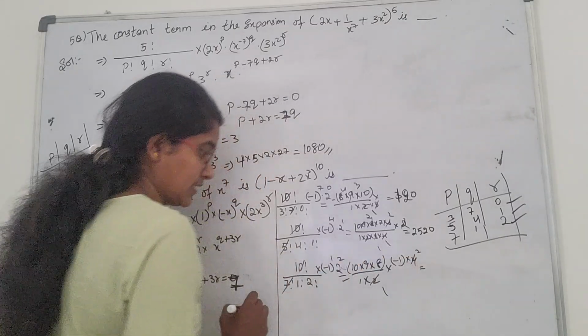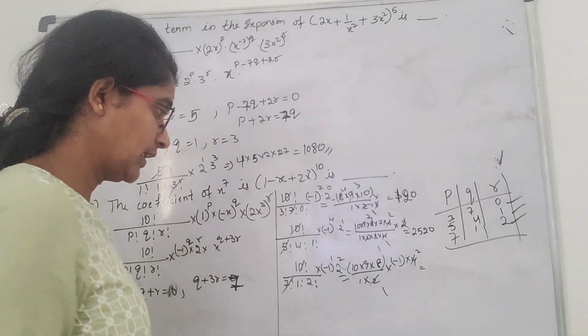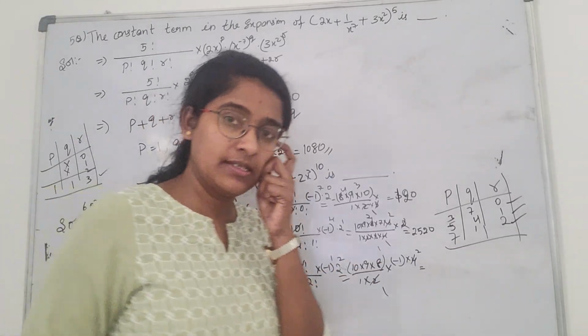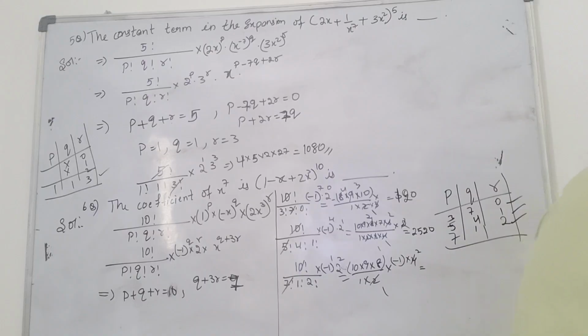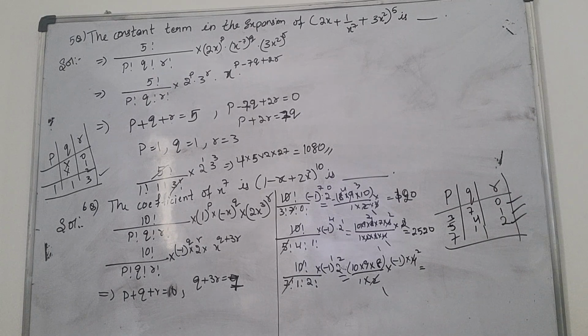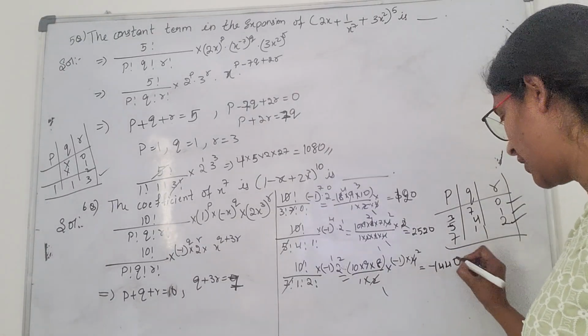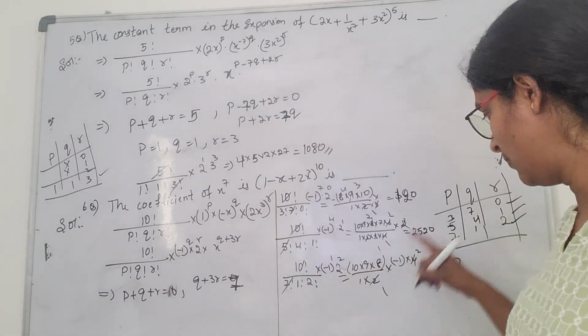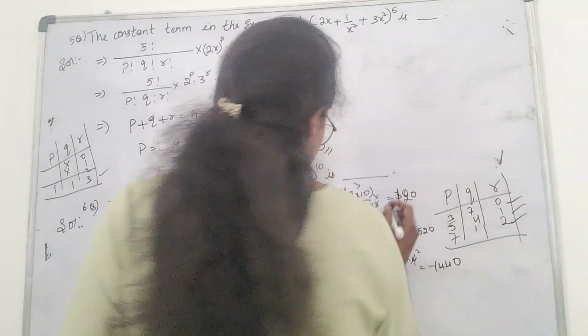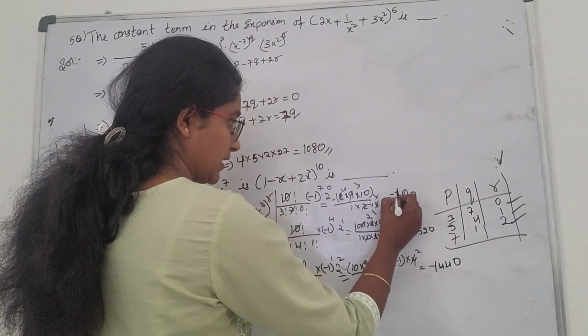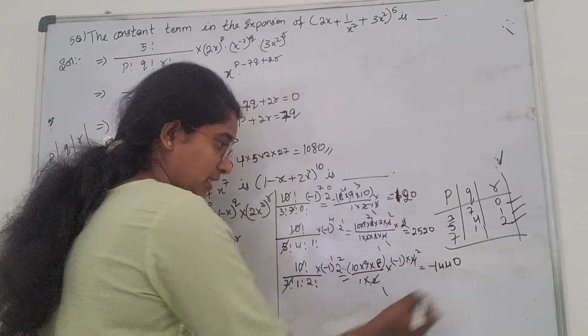So calculate it. This is 90 into 16. 90 into 16 is minus 1440. You can also calculate it. I'm just taking it fast, and this is also minus 120. And then minus 1440.